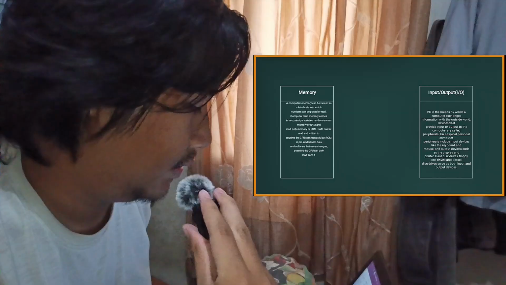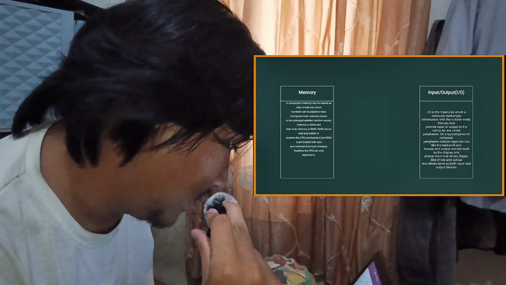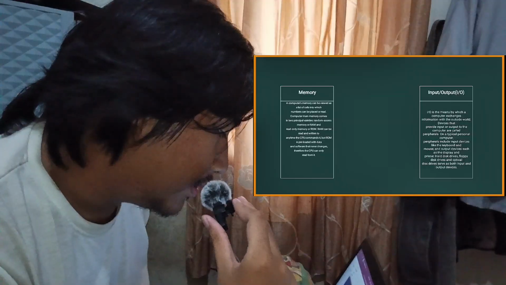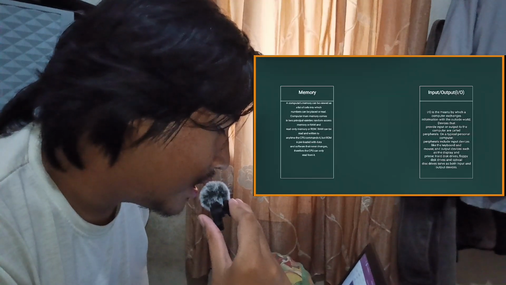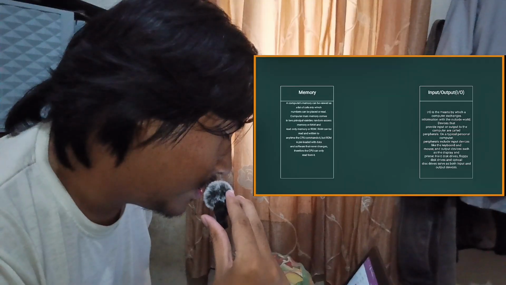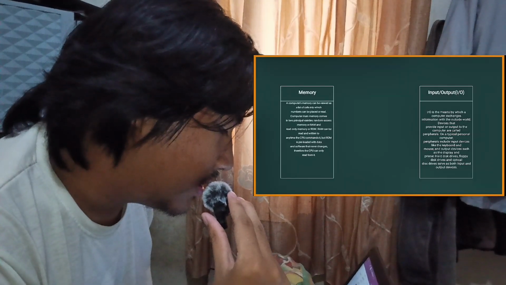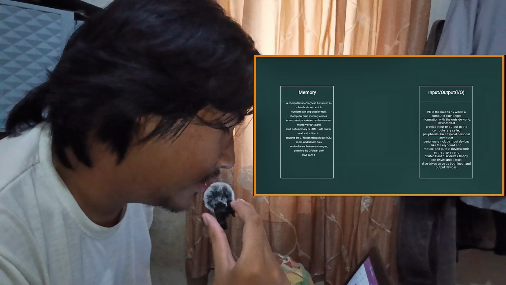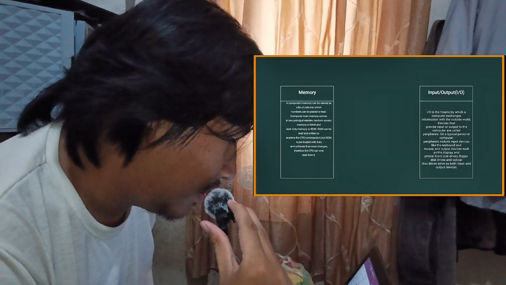And the next one is input-output device. Input and output devices are the means by which a computer exchanges information with the outside world. Devices that provide input and/or output to the computer are called peripherals.